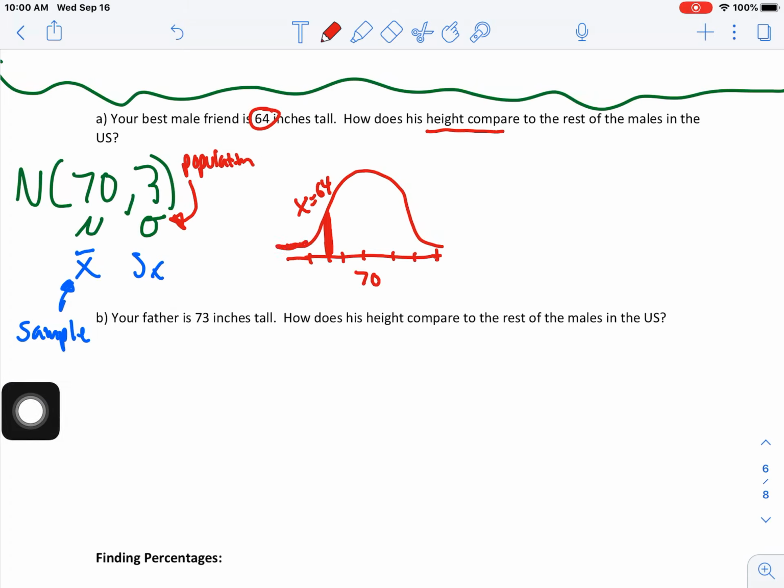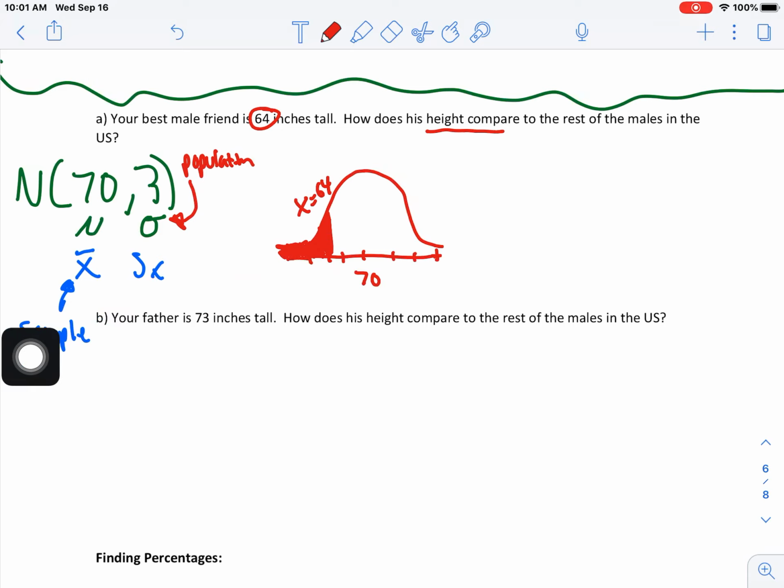So I want to compare him to all the people below his height, all the males below his height. So I'm going to shade this part of our bell curve. And I want to figure out what percent I just shaded of this bell curve. This percent that I shaded is the percent of the population that he is taller than.